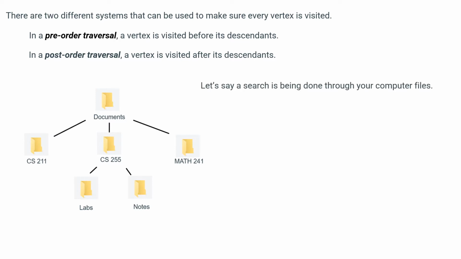So let's say our computer has this organization here where we have these folders, and let's say that we want to do a search through your computer files. If we were doing a pre-order traversal, we'd say, let's look in Documents first, all of the files within Documents.